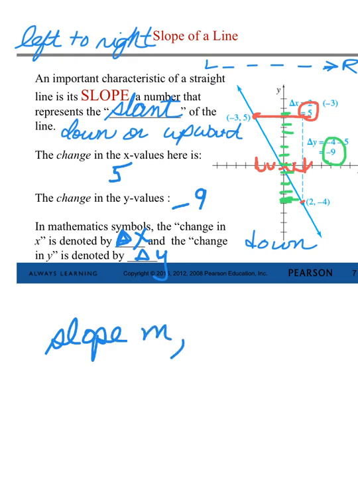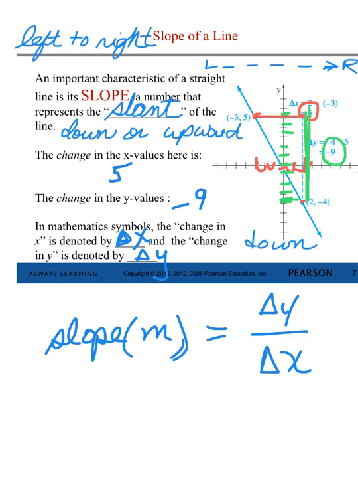Slope is equal to the change in y over the change in x. That's actually the way the slope formula works. You may have memorized some y1s and y2s and things like that, but what you really need to remember is that it is the change in y, which is this quantity, divided by the change in x, which is this quantity.